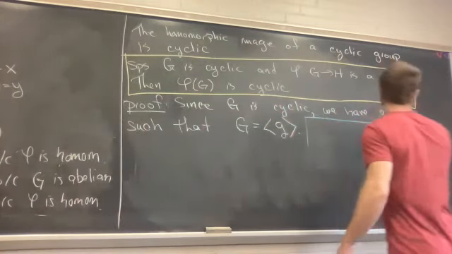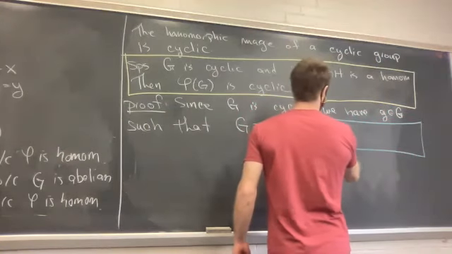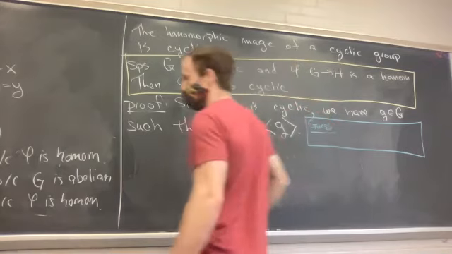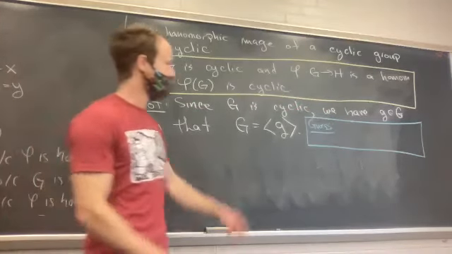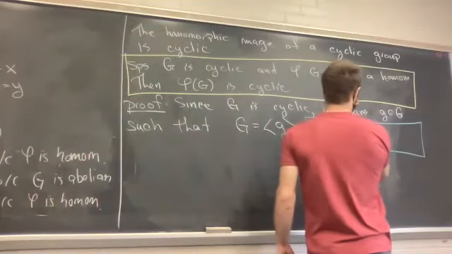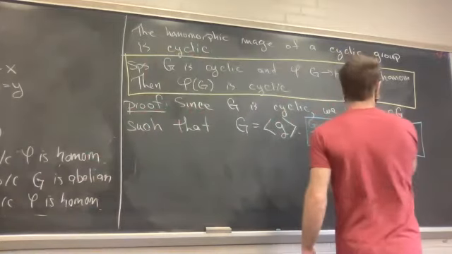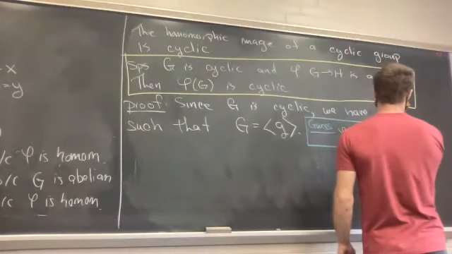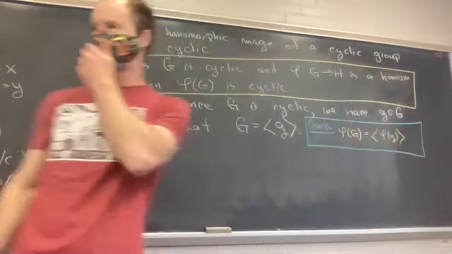So that's what we'll do right here in blue. Blue's a good guessing color, right? Okay, so our guess is that phi of G, the image of phi, is equal to the cyclic group generated by phi of little g. That kind of makes sense, right?